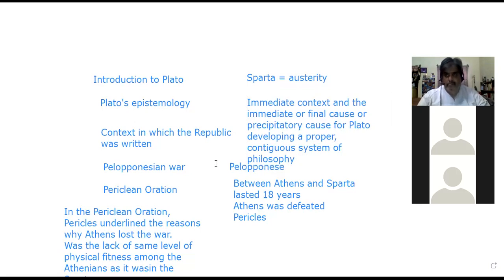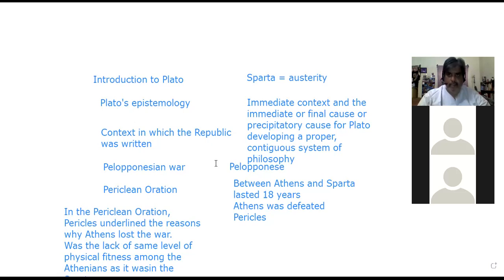Okay, that is, but please remember that Pythagoras, Parmenides, Zeno, all these people continue to play an important role in Plato's epistemology, of which the Republic is a product.